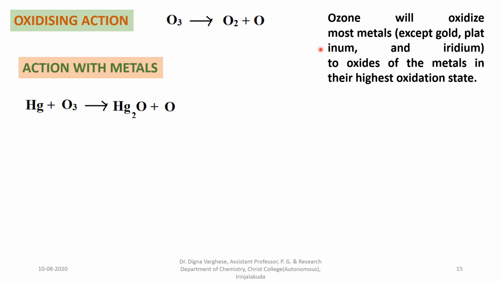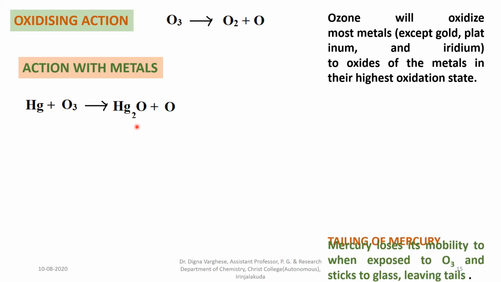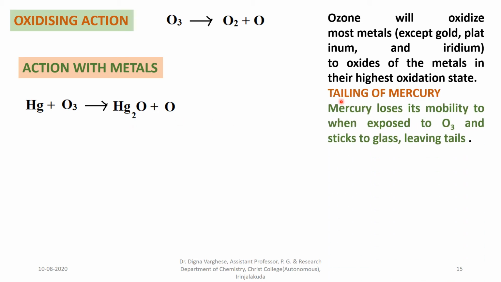state. First reaction is action with mercury, with ozone forming mercurous oxide, mercury(I) oxide. Mercury is oxidized from 0 to +1 in mercurous oxide. That is the tailing of mercury.